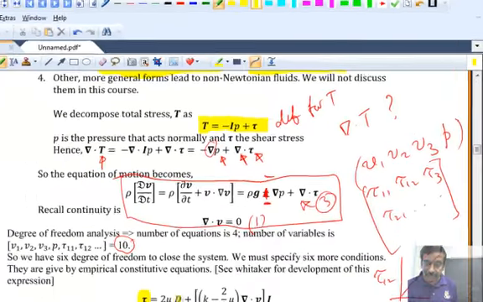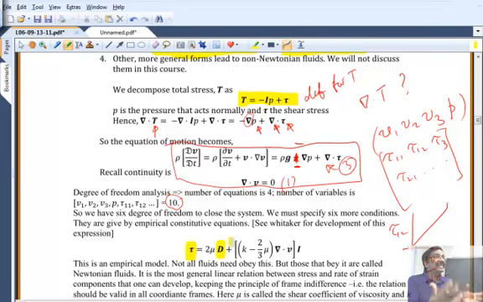So they are related to 6 gradients. In fact, I can form 9 gradients because I have 3 velocities and 3 directions. If I take all possible permutations, combinations, I end up with 9 velocity gradients. But that also turns out to be symmetric, or we make it symmetric, so that this is the most general linear relationship that we can write between the shear stress and the rate of strain or the velocity gradients.